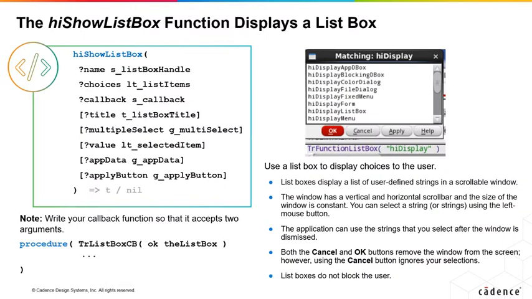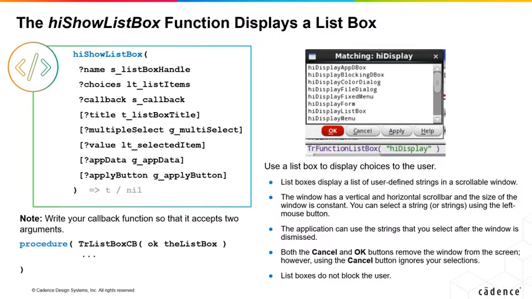So here we are going to look at displaying a list box for the user to interact with, and we'll be using the hiShowListBox function. Here you can see a little example of that. Basically, it's a list of built-in function names that start with hiDisplay, and the example code is in the notes.